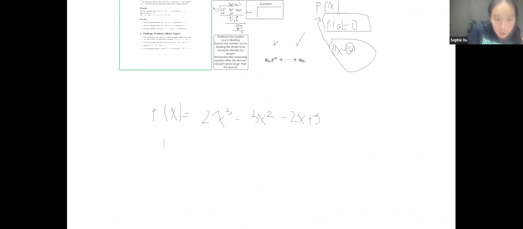So P of 1, you change all the x's from this expression into 1s. So what's 2 times 1 cubed? You guys should be able to do this. 2 times 1 cubed minus 3 times 1 squared, minus 2 times 1 plus 3. If you guys can't do this, then you should not be here.